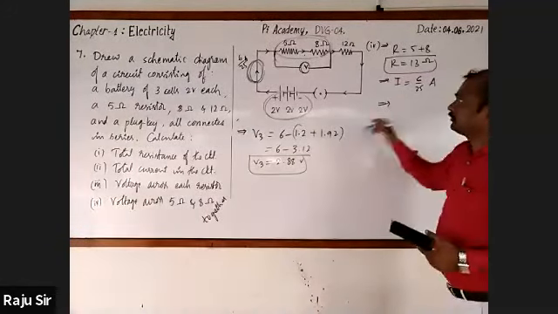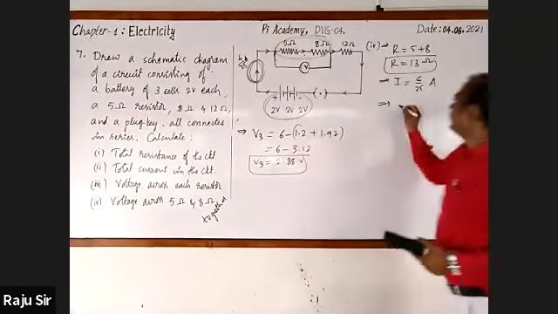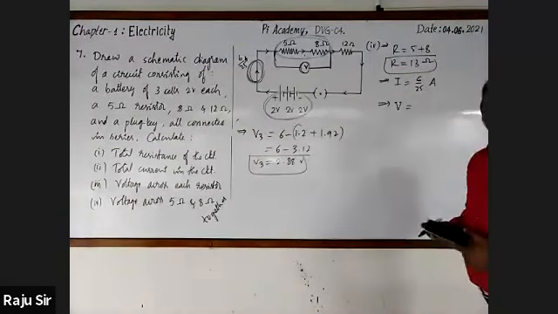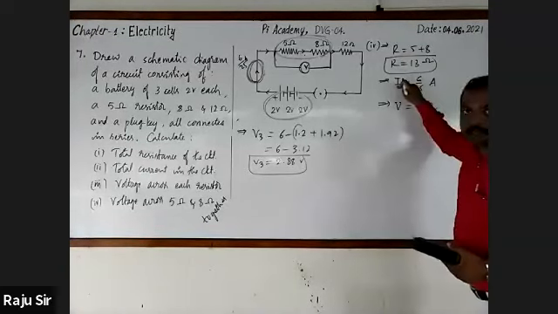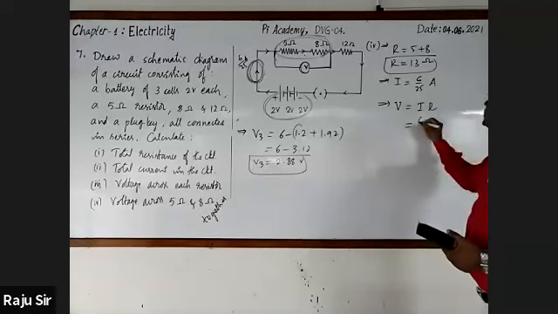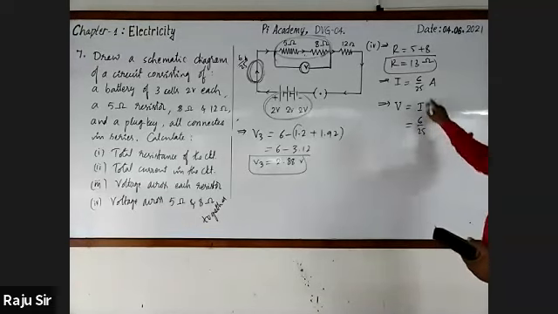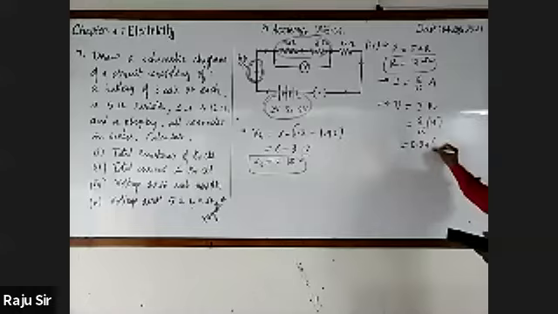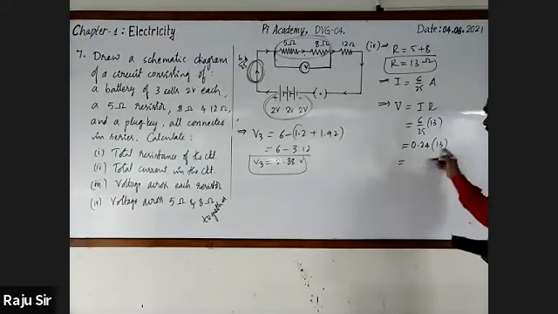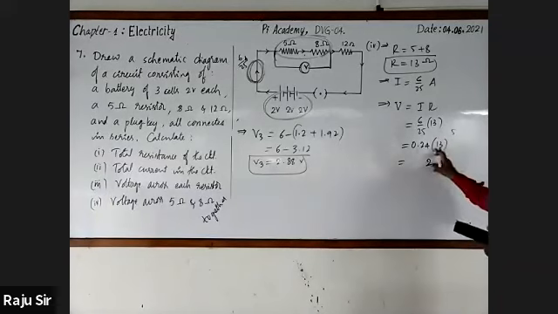But you are going to find out the voltage across these two. I take this as V. V is equal to I into R, where I is 6 by 25 and R is 13. 0.24 into 13: 13 fours are 52, 5 is the carry. 13 twos are 26 plus 5, 31. 3 is the carry.